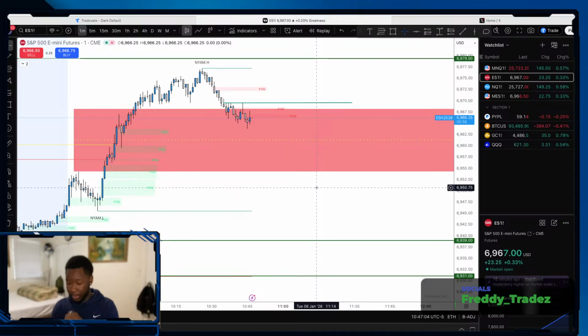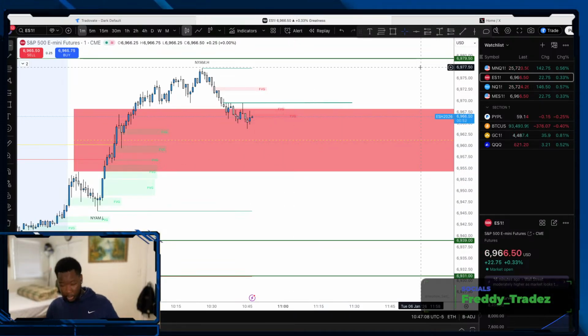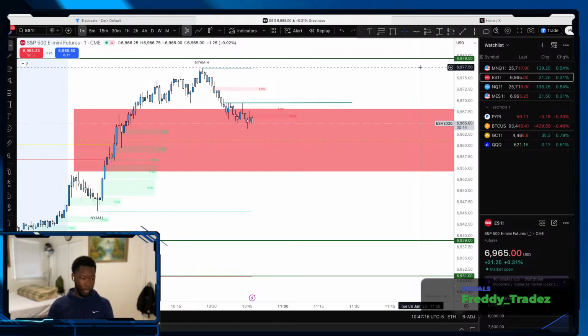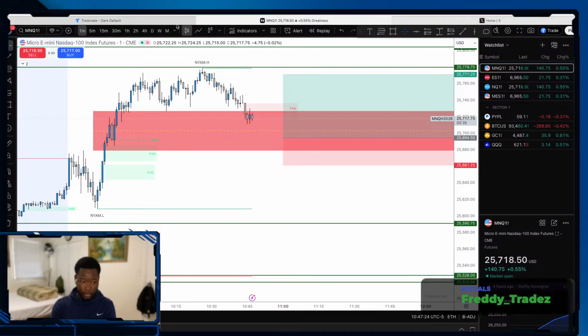I do think we can get a better entry. I think price is going to push down lower, so I'm not going to try to rush entry. See what NQ's doing. Looks like NQ is stronger at the moment.